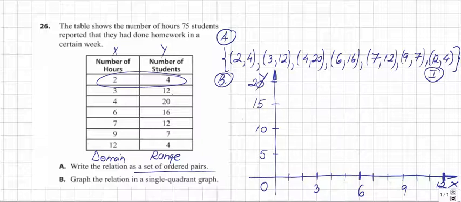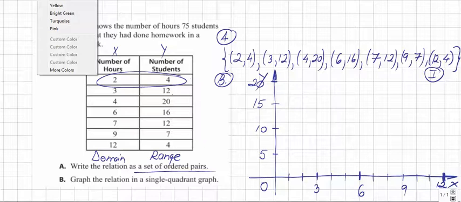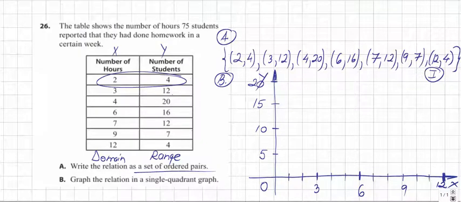Okay, now let's plot our points, and I don't know, red will work. First pair, 2 and 4. This is 5, so 4 is going to be here somewhere, right? 2 and 4 will be right there. Okay, this is 2, 4.